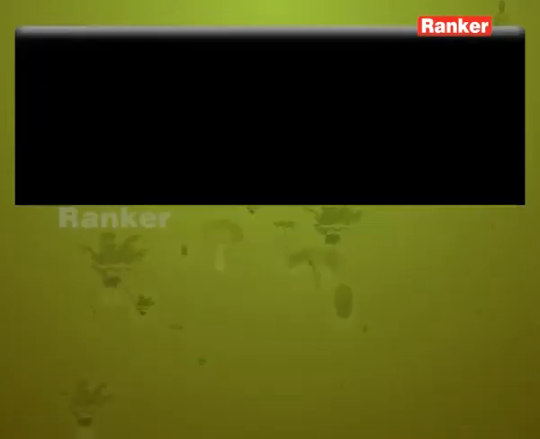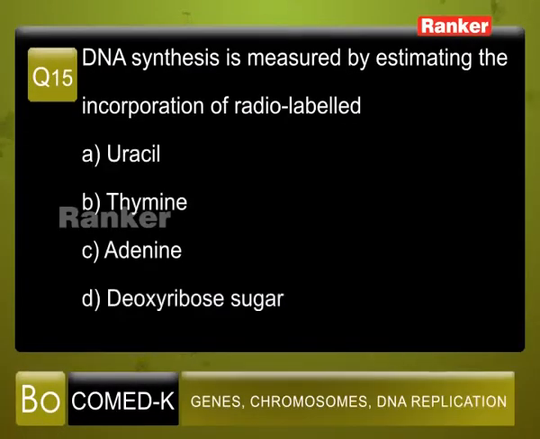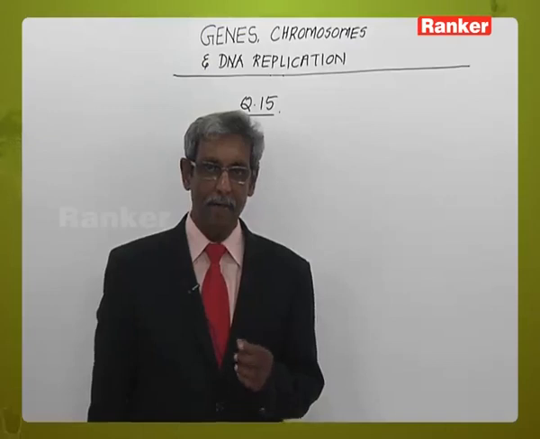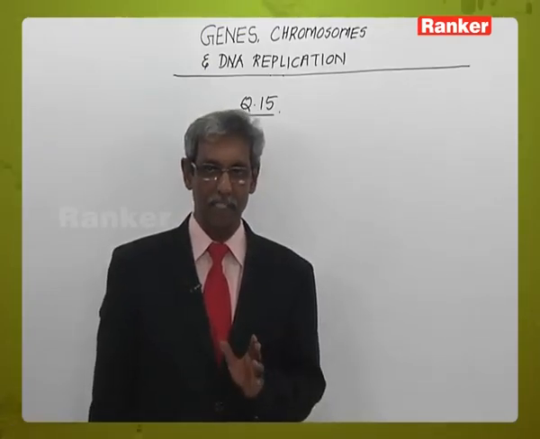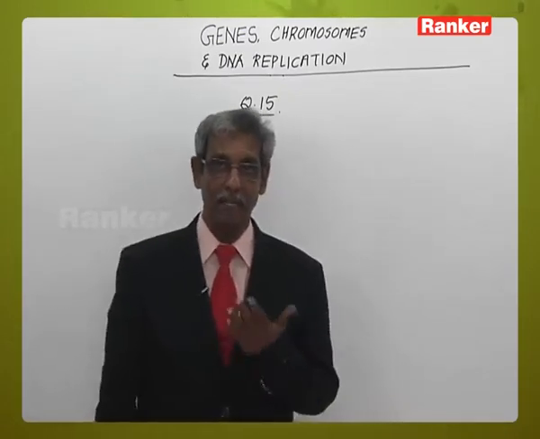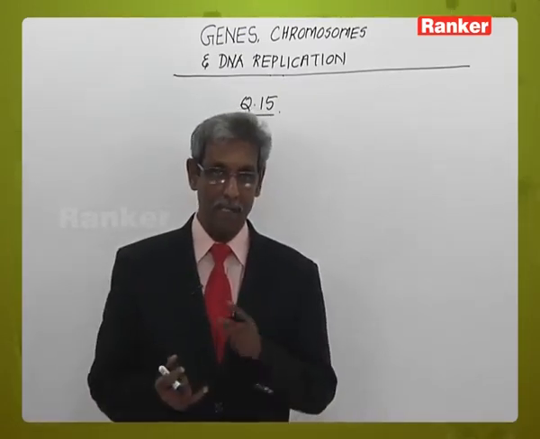Question number 15. DNA synthesis is measured by estimating the incorporation of radiolabeled A. uracil, B. thymine, C. adenine, D. deoxyribose sugar. Whenever we want to study synthesis of DNA, that is, how a new strand of DNA gets formed, we have the master DNA.